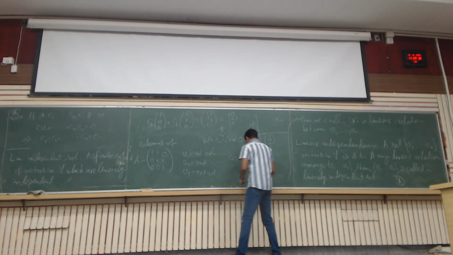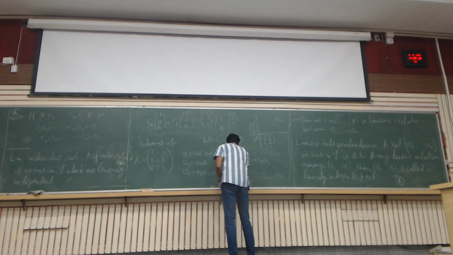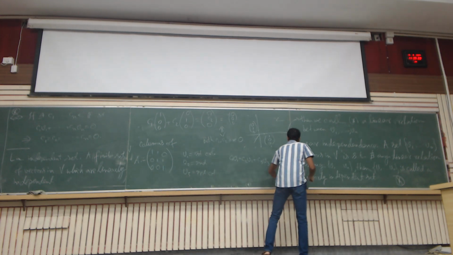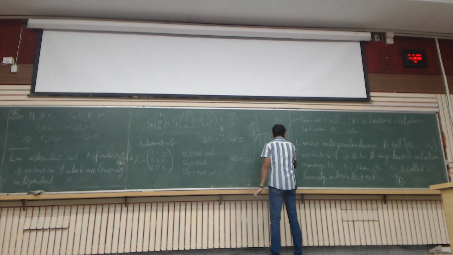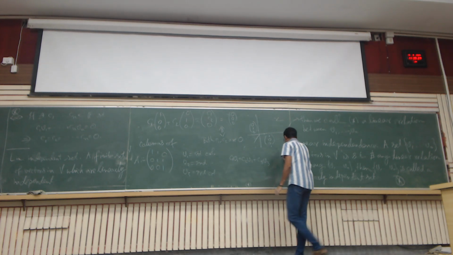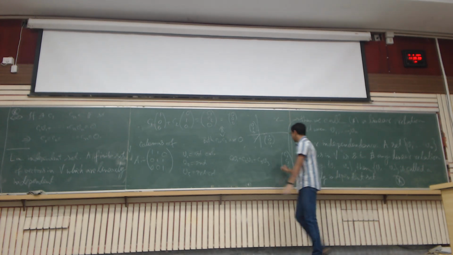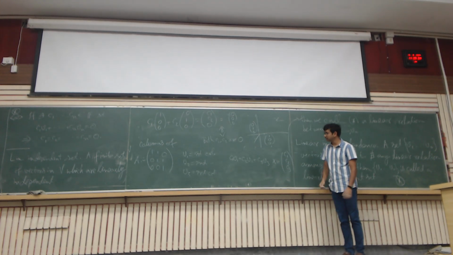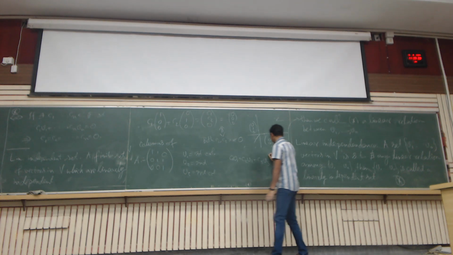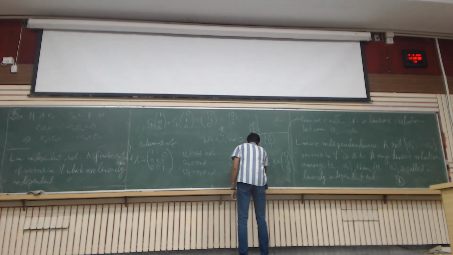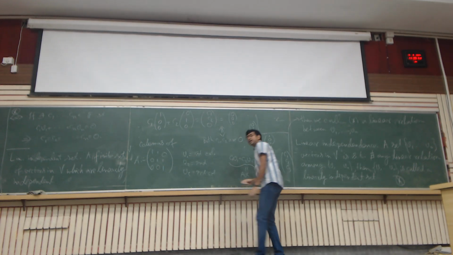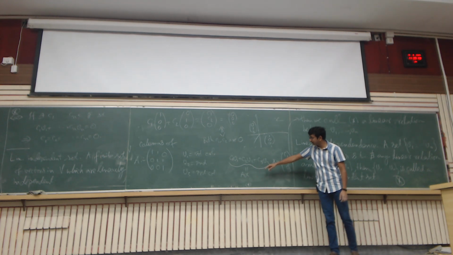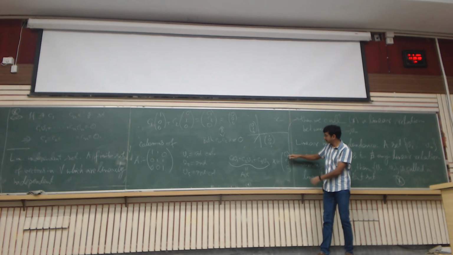If you call this vector X, define X to be C1, C2, C3. So what is this thing equal to? This is nothing but A times X. That matrix times X, where X is C1, C2, C3.